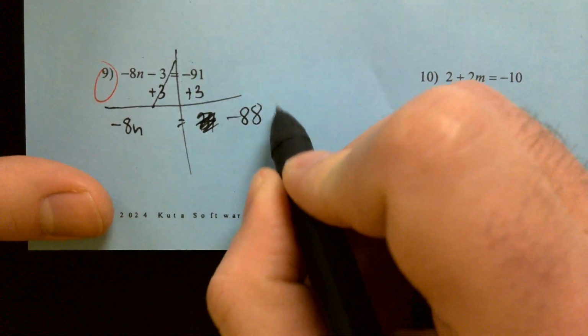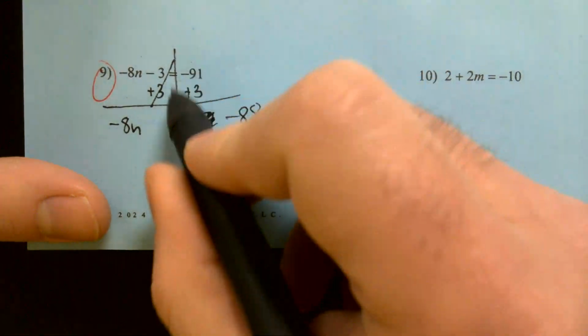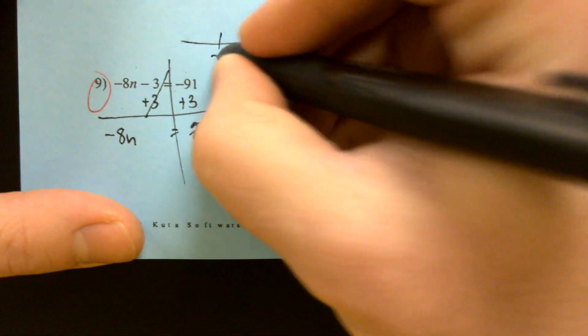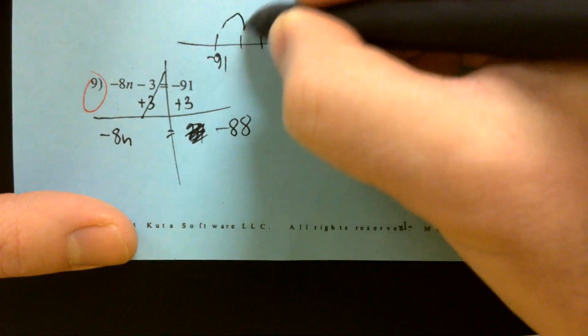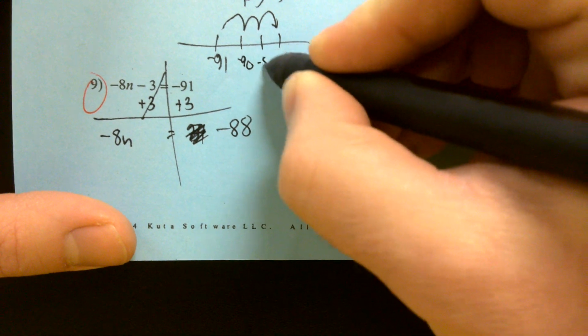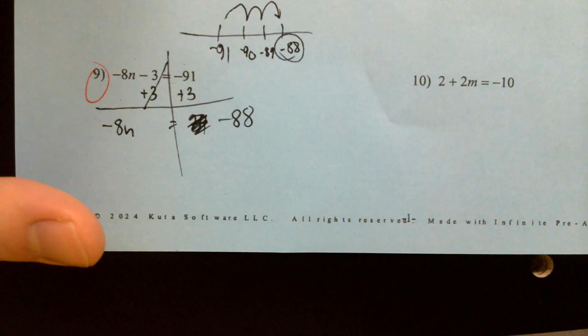Now you only owe me 88. So we're still negative, right? Obviously, this isn't something we could do on a number line because the number line doesn't go up to negative 91. But we can think of it like, here's negative 91. I'm going to add 1, 2, 3 spaces to the right. Negative 90, negative 89, negative 88 is where we end up.